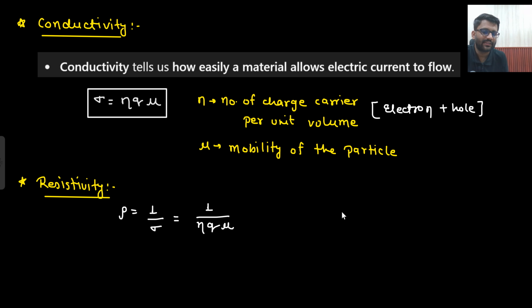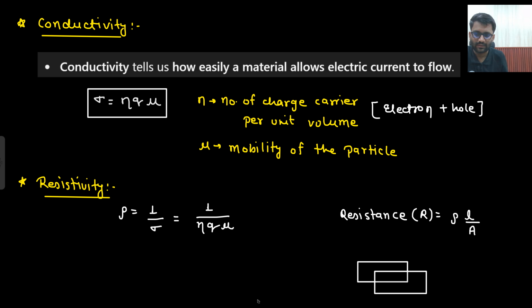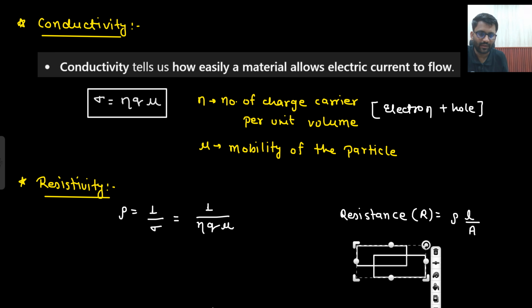Now there is something called resistance. You might have heard this word, resistance. What is the formula of resistance? R equals rho L by A. Let's just say there is a material. I am making it in 3D.